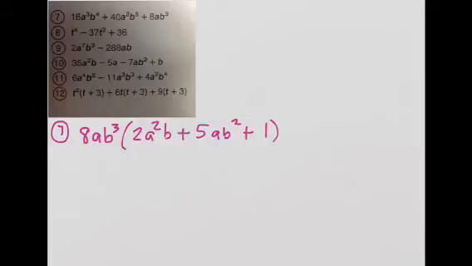Okay? And number 7, this trinomial right here does not factor anymore because the b right here is not squared, so I can't break it up. And I have a b squared right here, so there's no way of factoring this one. So this is as far as we go.